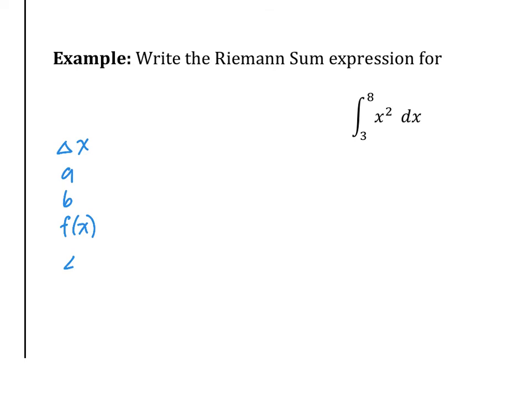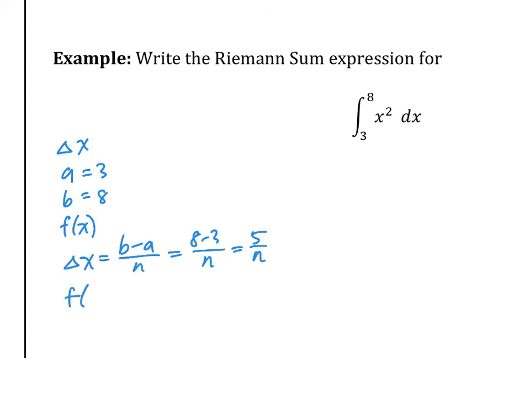We know that delta x is going to be b minus a over n. And then what number is a and b? Well, it's starting at 3, ending at 8. So that's 8 minus 3 over n. We keep it as n because we have an infinite amount of rectangles. So this is 5 over n.